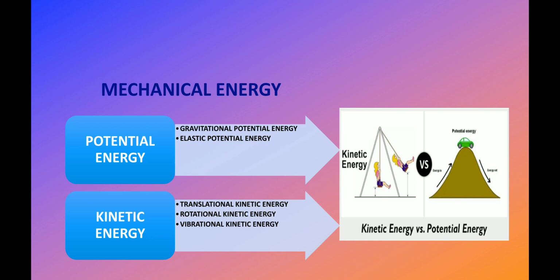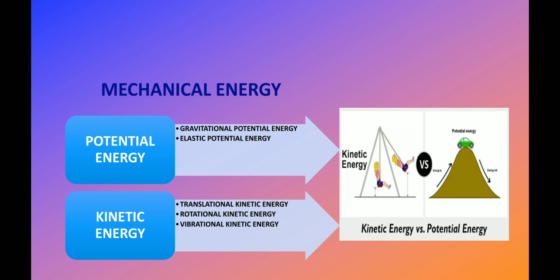Next is kinetic energy. Kinetic energy is defined as the energy possessed by a body by virtue of its state of motion. A body can have three types of motion, and hence there are three types of kinetic energies.